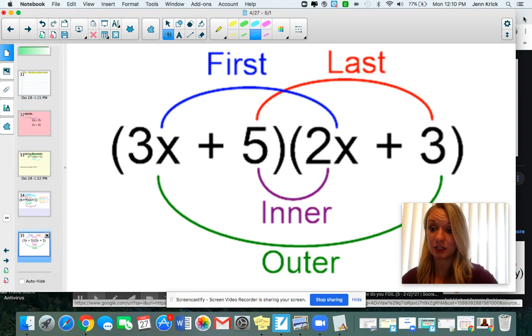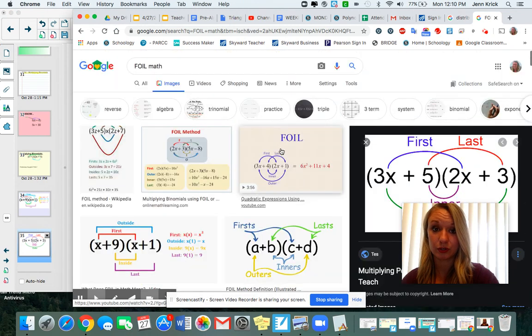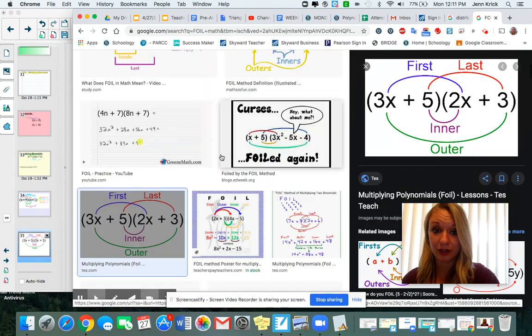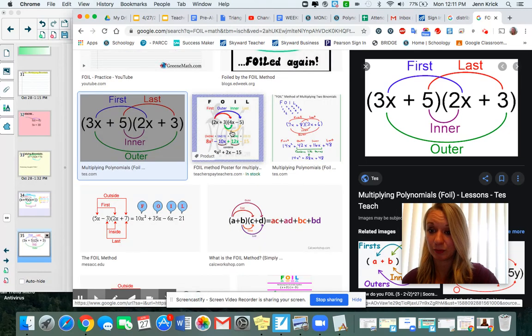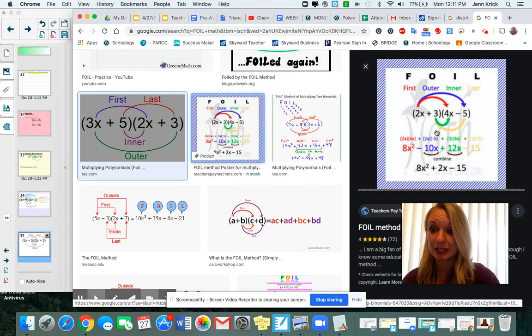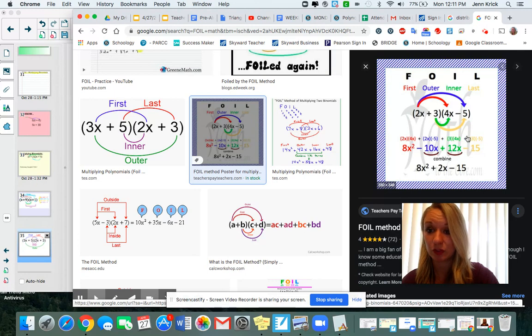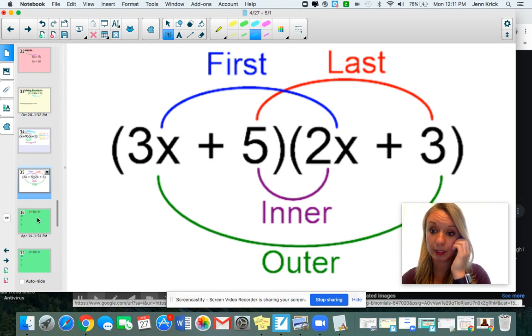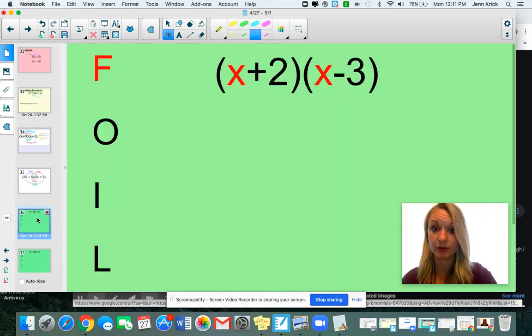If you needed additional explanation, if you come over here to Google and you just Google FOIL math, look at all of the images that they have for explanations. This is essentially what we're doing today, you guys. We're going to be multiplying it, combining like terms, and getting one concise answer. So here we go. I'm going to show it to you in colors, and then we're actually going to start working it out together.